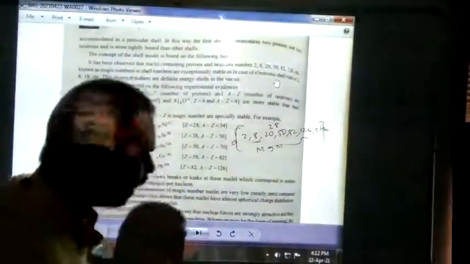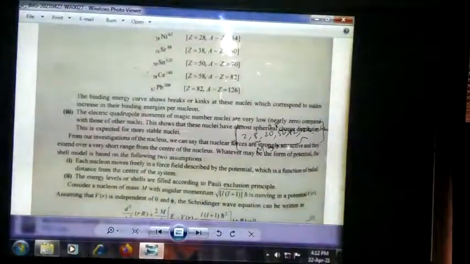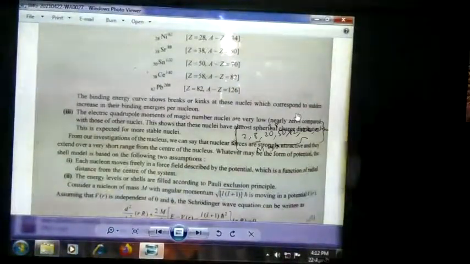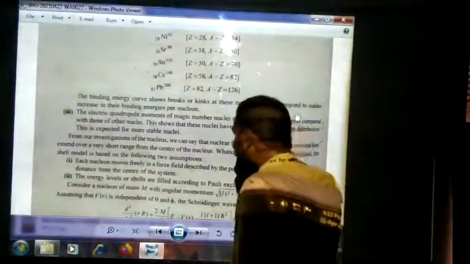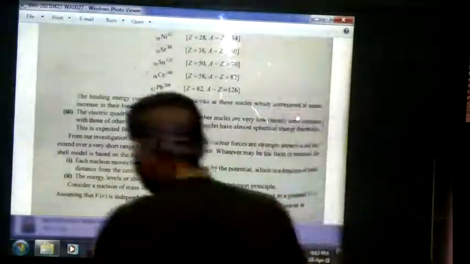The electric quadrupole moments of magic number nuclei are very low, nearly 0. So they will take the spherical shape.